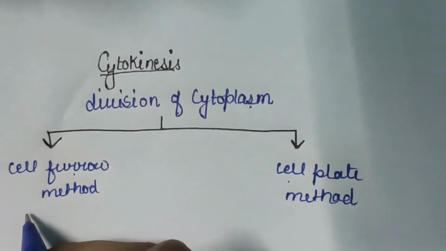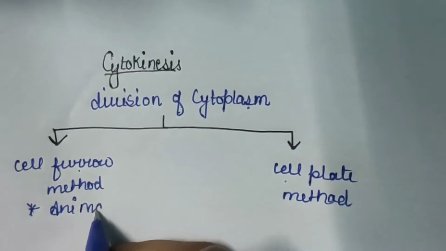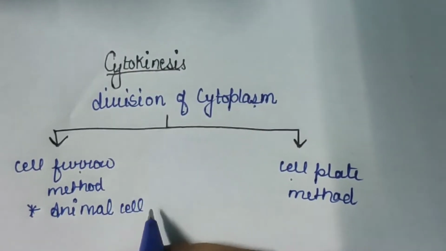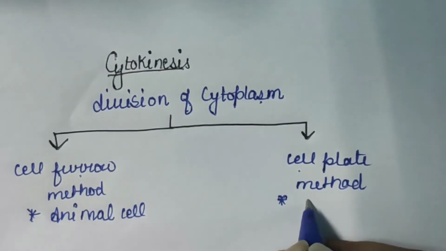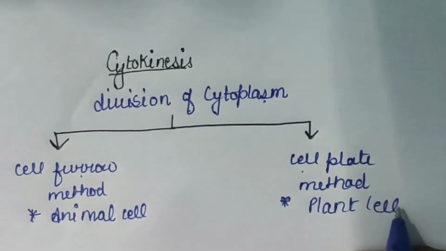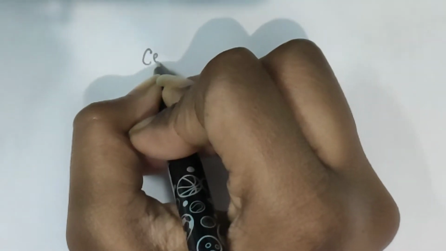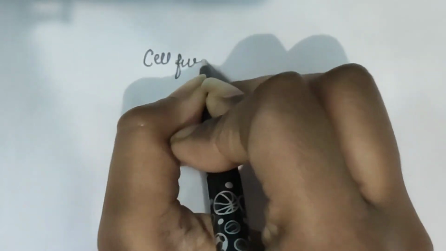The cell furrow method usually occurs in the animal cell, and the cell plate method occurs in the plant cell. So we are going to discuss the cell furrow method.